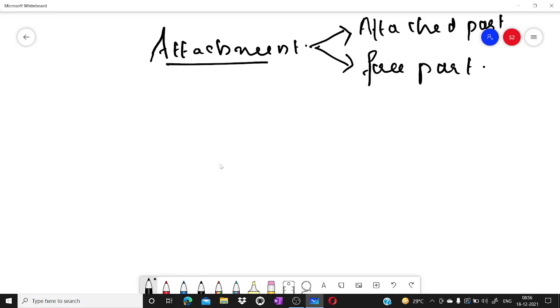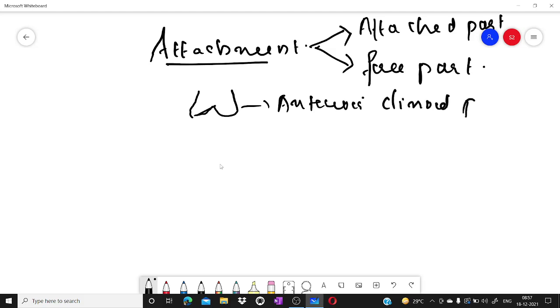For that, I'm drawing an important bony structure here. This is the anterior clinoid process. And this is the posterior clinoid process.